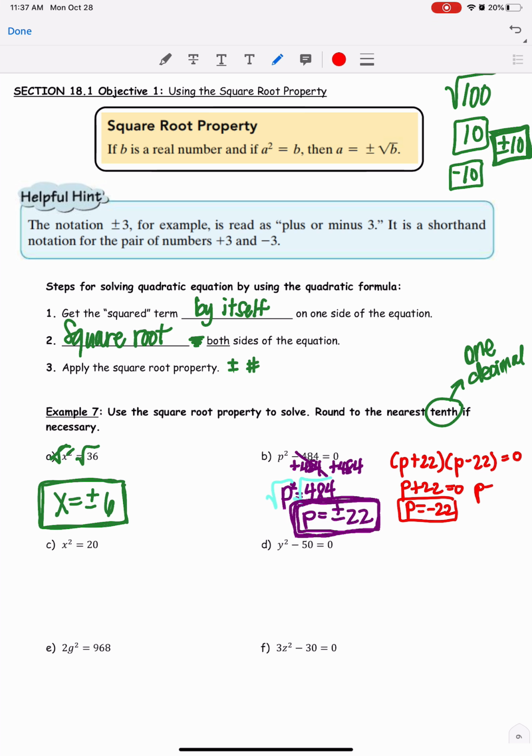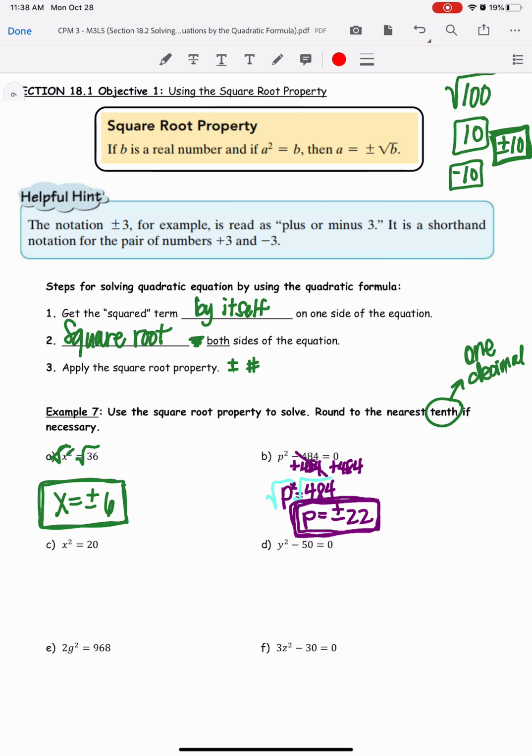And then p minus 22 equals 0, add it over to get p equals 22. These are your difference of squares. This is just another way, and in my opinion, an easier way to solve these. So we have done these before.